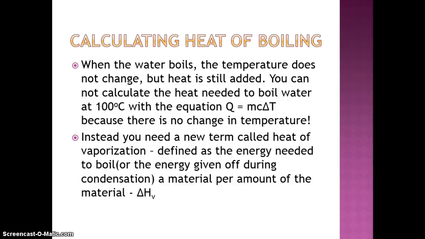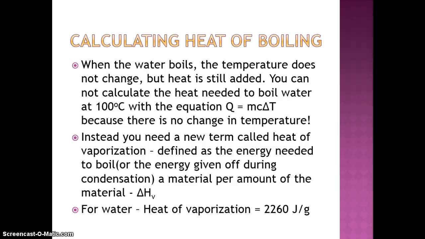And the symbol is a triangle, which stands for delta, H, and a little v for vaporization. For water, that happens to be 2,260 joules per gram, the heat needed to boil water at 100 degrees Celsius.